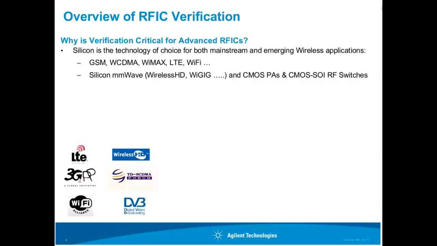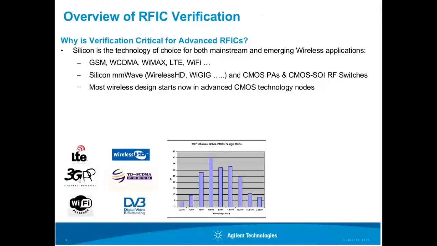But we also see that for these emerging areas like wireless HD and wireless gigabit in the silicon millimeter wave area, these are also using CMOS technologies. And I think as many of you have seen, there's a number of companies pursuing both CMOS PAs and CMOS SOI RF switches.